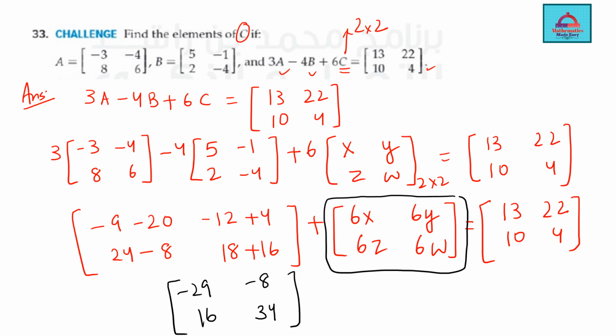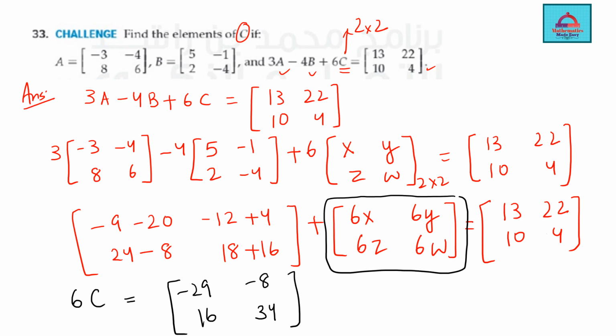So can I say this matrix is this minus this? So our result, we actually need matrix C. So if we can just now write 6C is equal to this minus this. Okay.